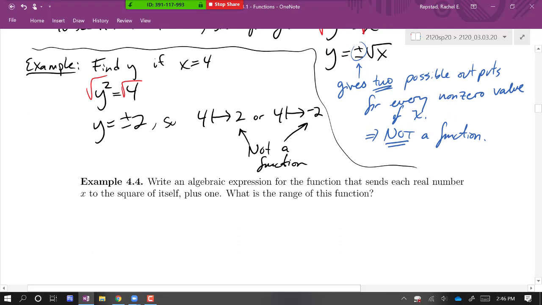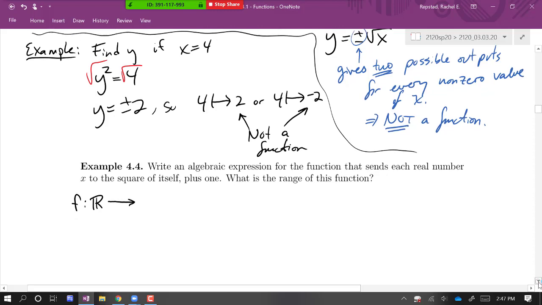Let's do another one. Let's write an expression for the function that sends each real number x to the square of itself plus 1. So they're saying that it sends each real number x, so they're telling us right off that the domain is all real numbers. And then we'll think about what the codomain is in a second.